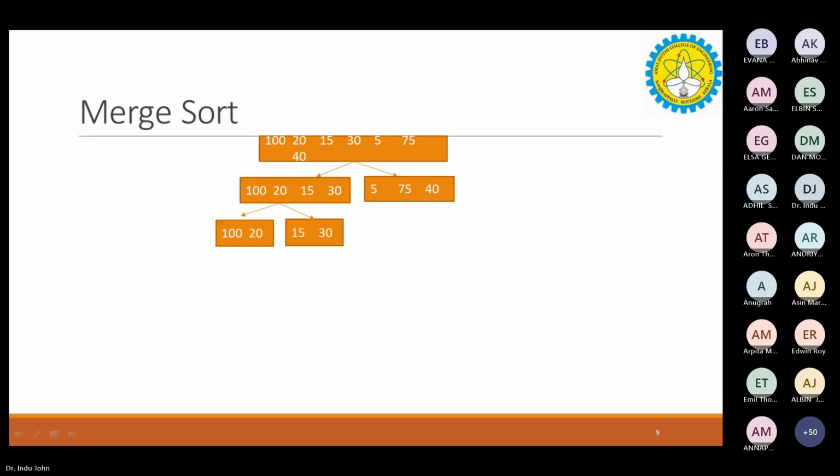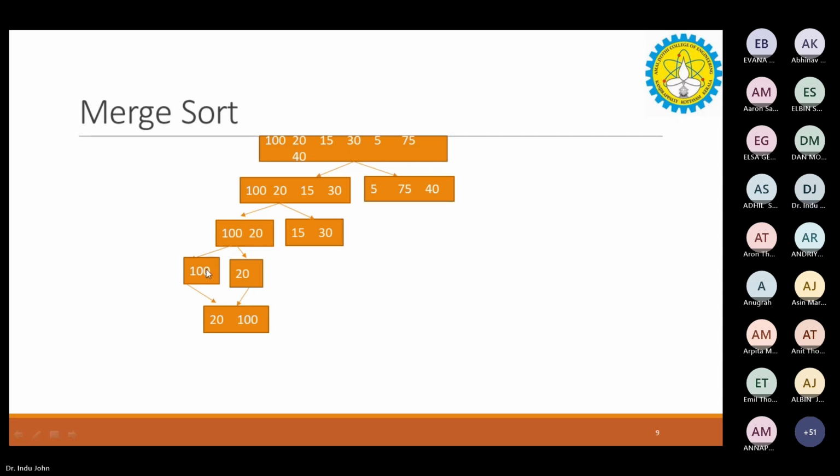Okay. So next, you split this array of size 4 again into 2 parts, each of size 2. And similarly, the array of size 2 will be split again into 2 arrays, each of size 1.